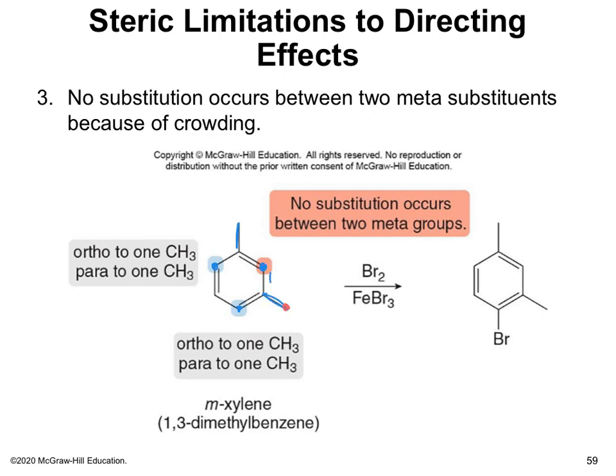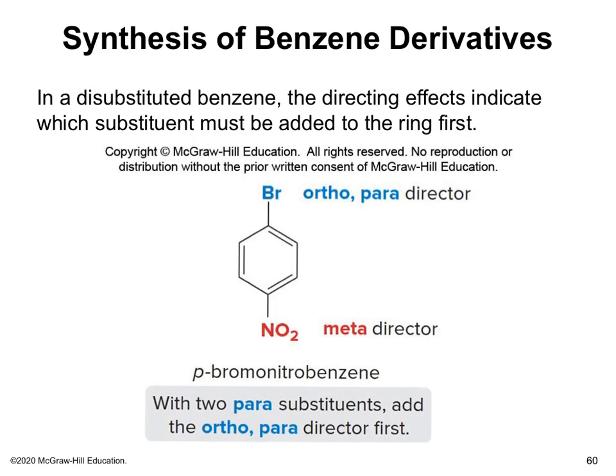So that's para. So it's ortho to one, para to the other, ortho, para. So this is a meta director, this is ortho. Ortho's going to win because it's going to be faster. So you're going to get either here.